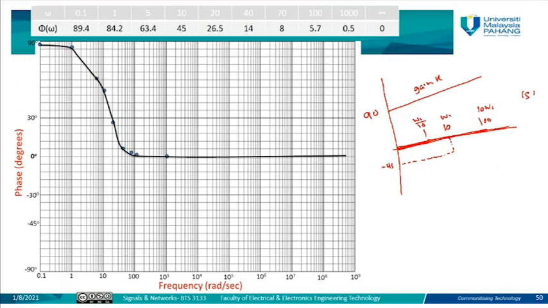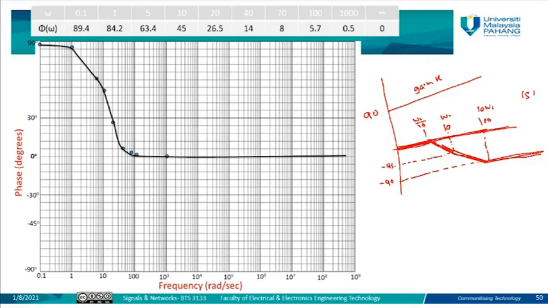That means it will be a line from 1 until this point to reach negative 45. Then from omega 1 until 100 here, it will reach negative 90. It's the same slope. I mean, this line is a straight line. After 100, it will continue to be negative 90. It will be in this form, like this one.